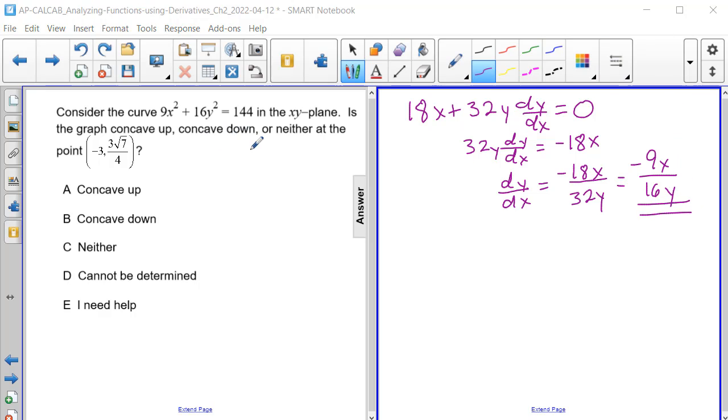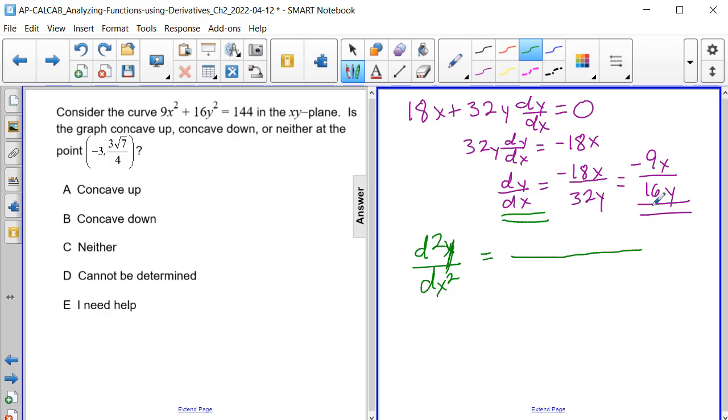And then again, in order to test for concavity, we need to find our second derivative of this graph. So we know that dy over dx is equal to negative 9x divided by 16y. So to find the second derivative, we're going to have to use the quotient rule here.